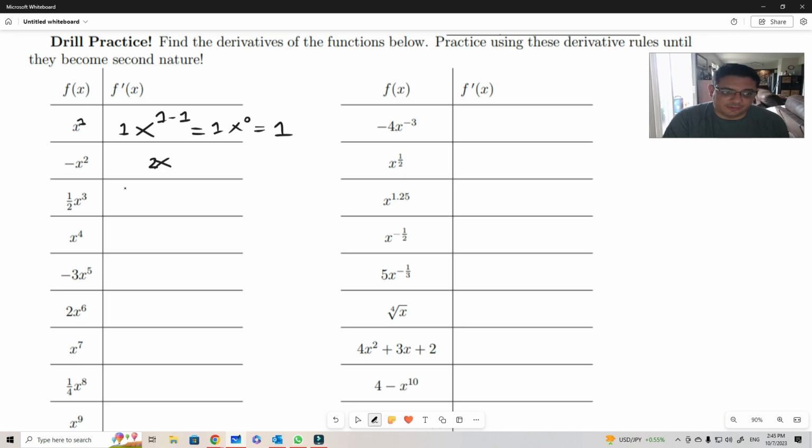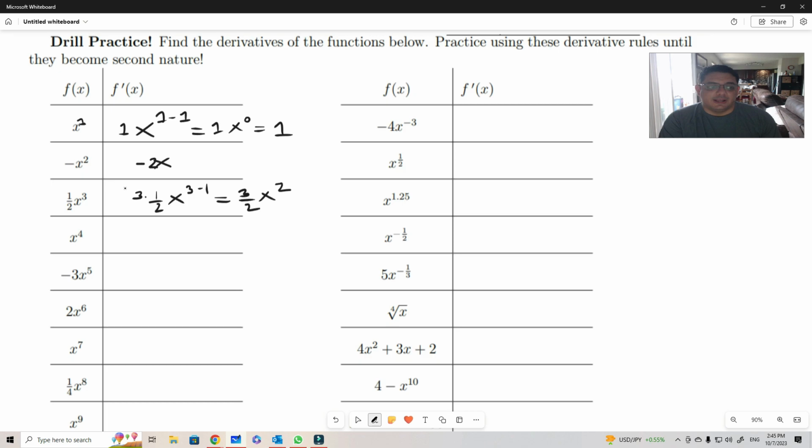Since we have a minus in front, we just leave it as minus 2x. In the same way, we have this 1/2 with x cubed, and its only effect on the derivative is that it multiplies. So it's going to be 3 times 1/2 x to the 3 minus 1. Simplifying this quickly, this is 3/2 x squared.